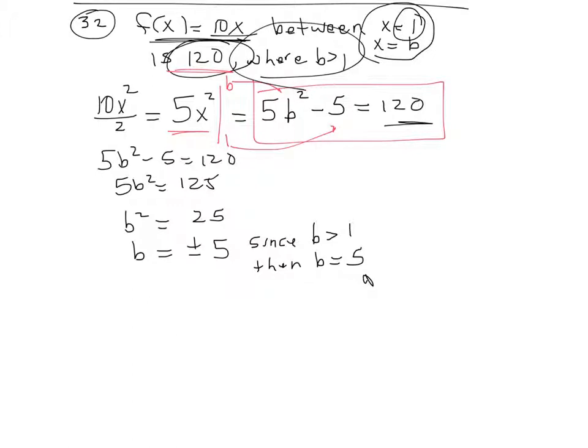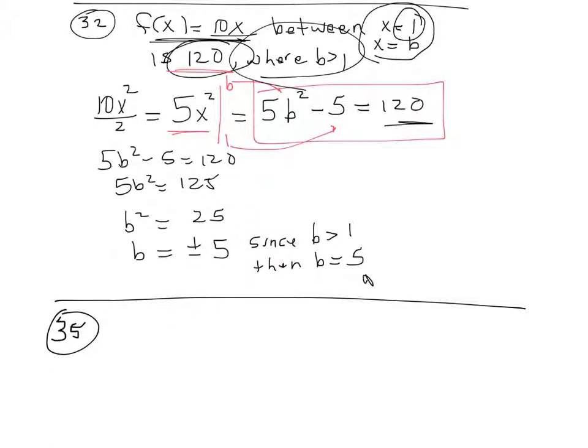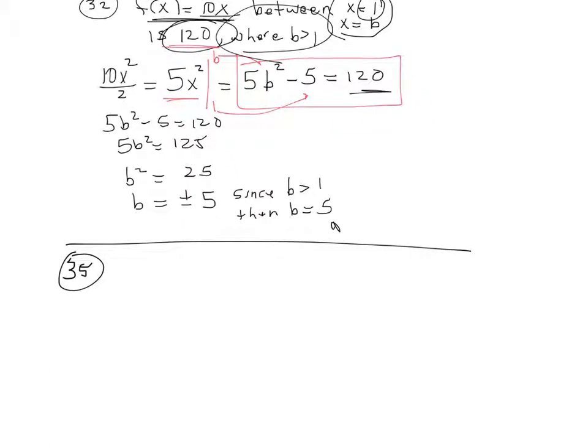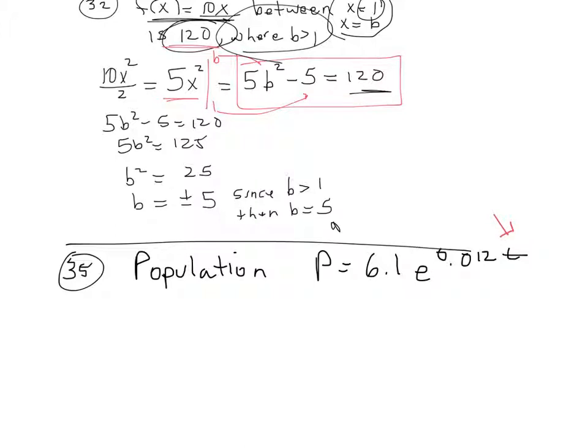All right, 35 is kind of nice because we get stuck doing these and you kind of lose track of what are we doing. And this one's kind of nice because it's a word problem. It says that the population, and they give you this function, 6.1 e to the 0.012 t, where t is years since 2000.